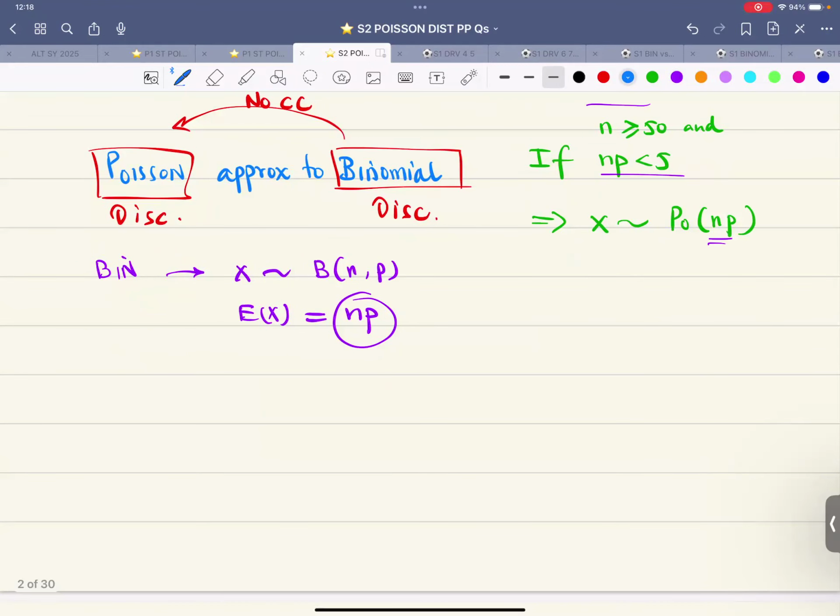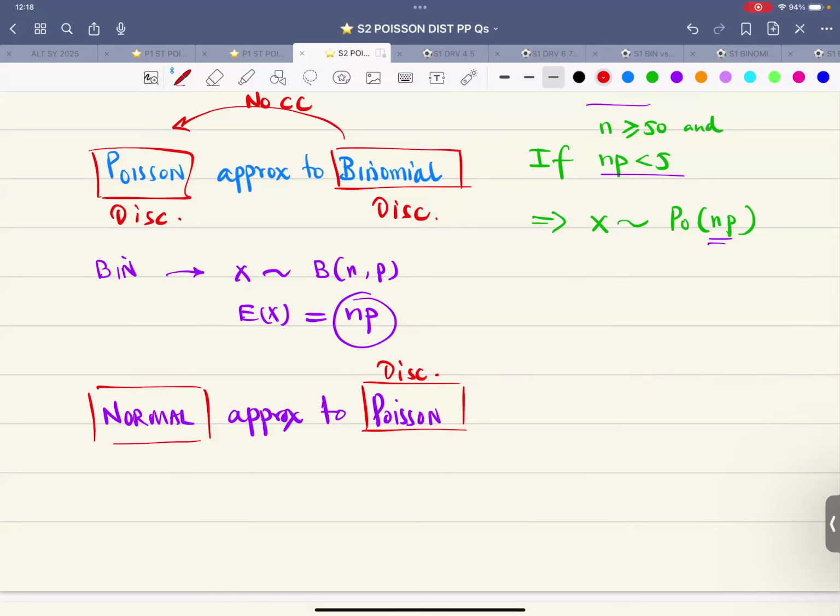And let me also write the other thing so that we are all aware of exactly what we are going to do: normal approximation to a Poisson distribution. That means the data is that of Poisson, which is a discrete probability distribution. We want to convert it into normal, which is a continuous probability distribution. And yes, there is continuity correction because you're going from discrete to continuous.